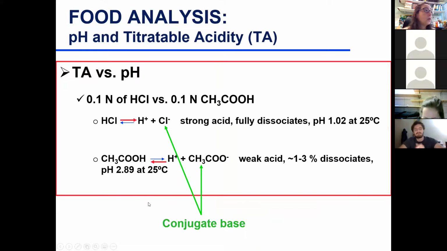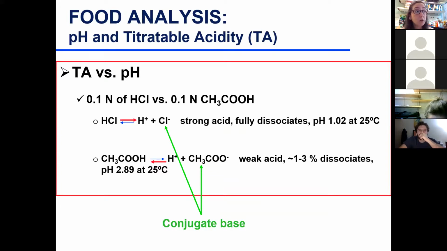Okay, so here again we're looking at titratable acidity, or total concentration of acid, versus pH. So here there are two acids: you have acetic acid and you have HCl. Acetic acid is an organic acid, so it is a weak acid, and HCl is a strong acid.